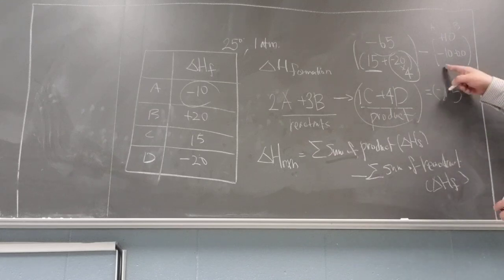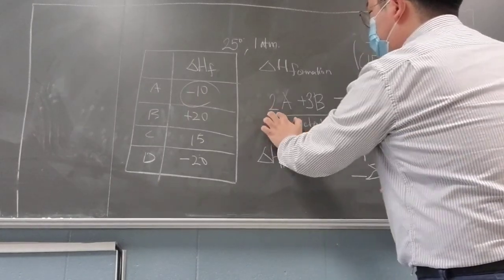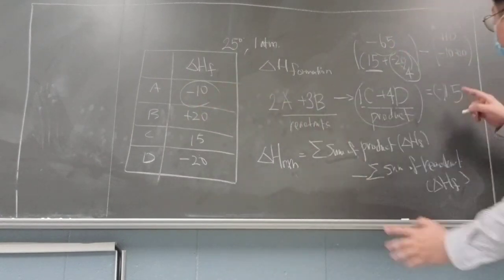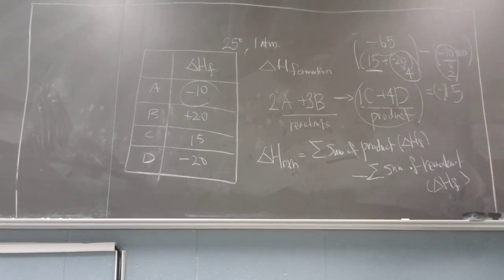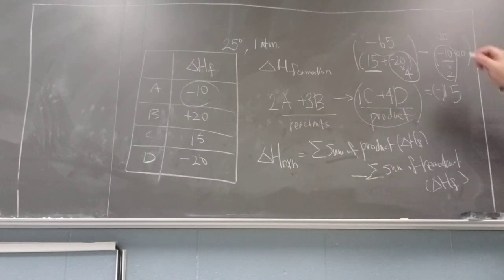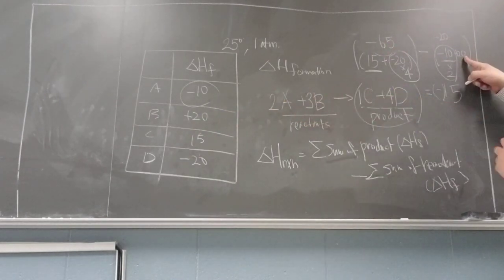Okay. So same here. I'm not going to change it much, but just the number here. So A is 2, but it's negative 10. So here's negative 10. I'm going to multiply this one by 2, because it's 2 right here. So this will become negative 20. Okay. And then B is 20, but this is by 3. So I'm going to multiply this 20 by 3.